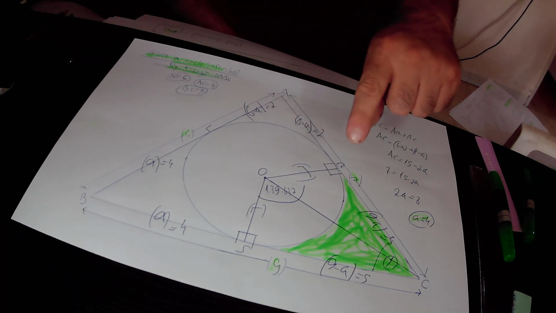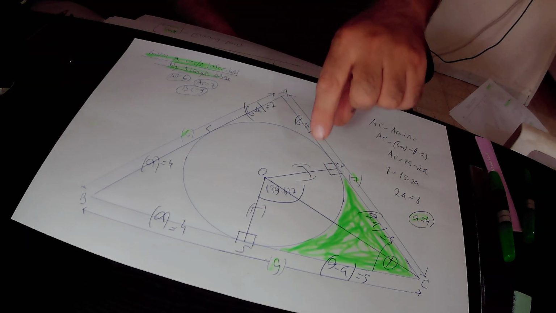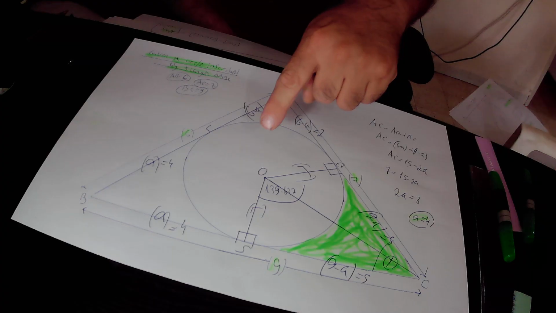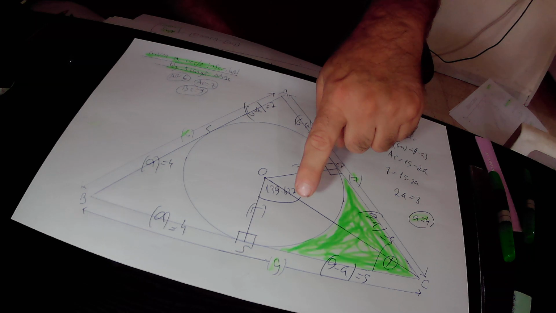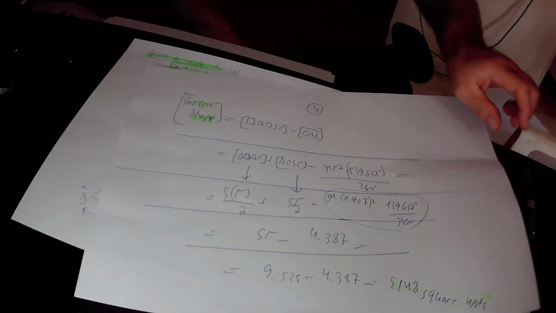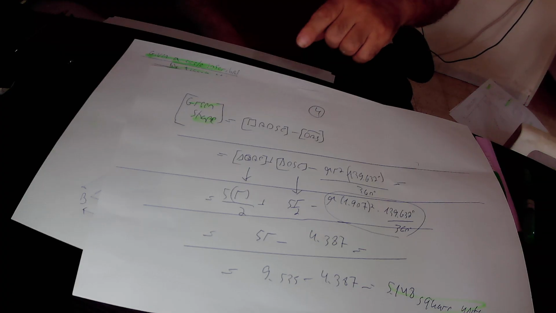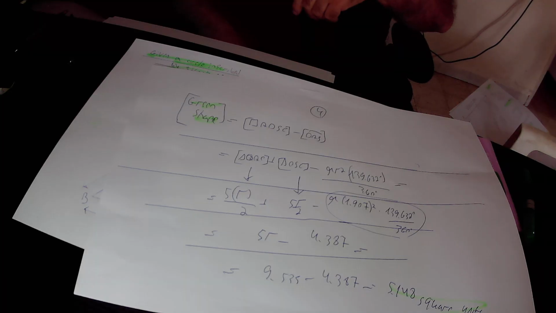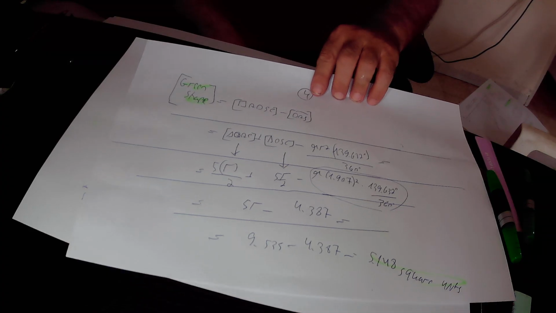Quadrangle QOSC consists of two right triangles, so its area is equal to the area of the first right triangle OQC plus the area of the second right triangle OSC, minus the area of sector OSQ.